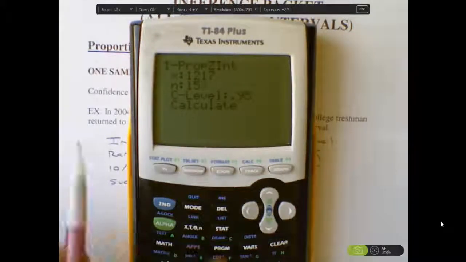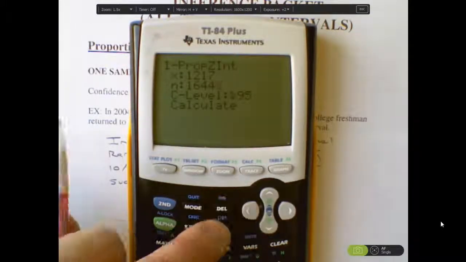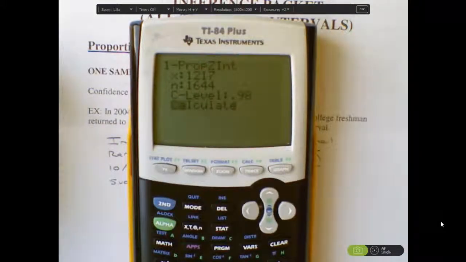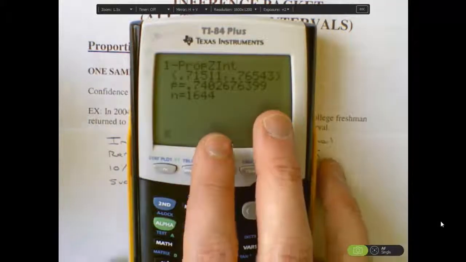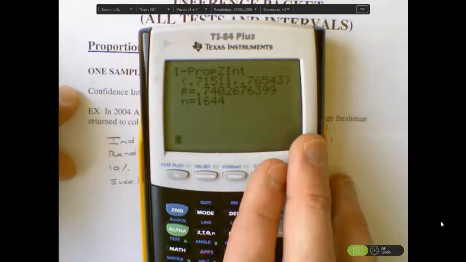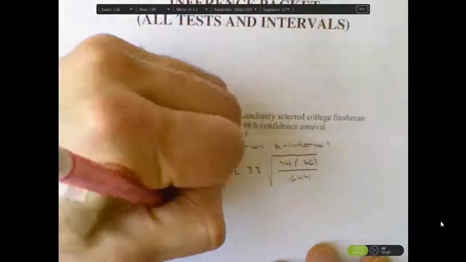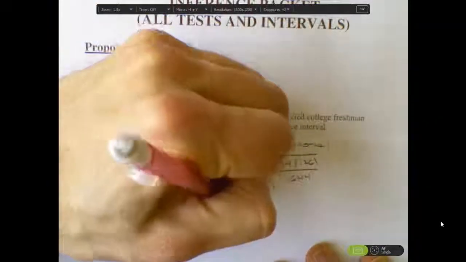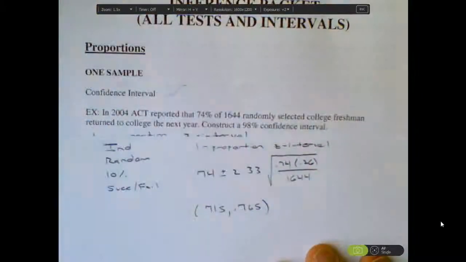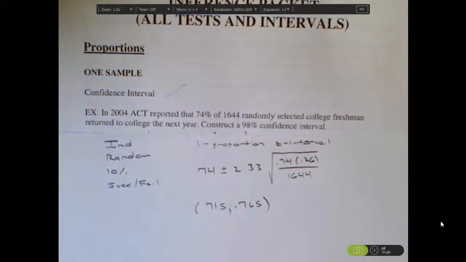My sample size is 1,644, and my confidence level 0.98. Calculate. So 0.715 to 0.765. And then I would obviously need to write a conclusion there.